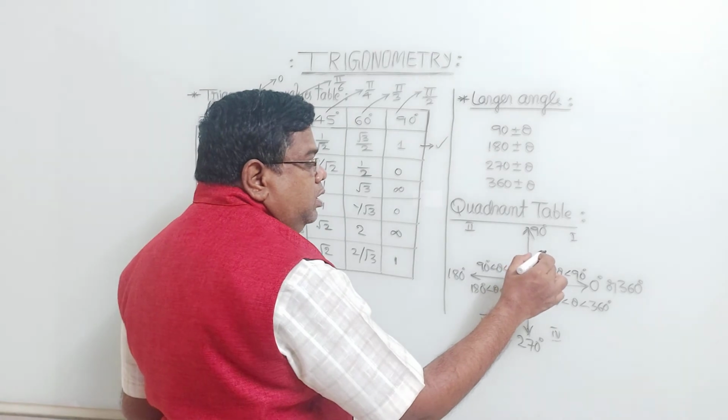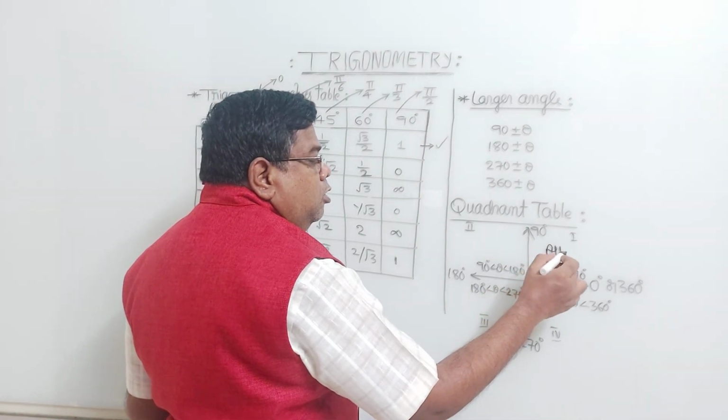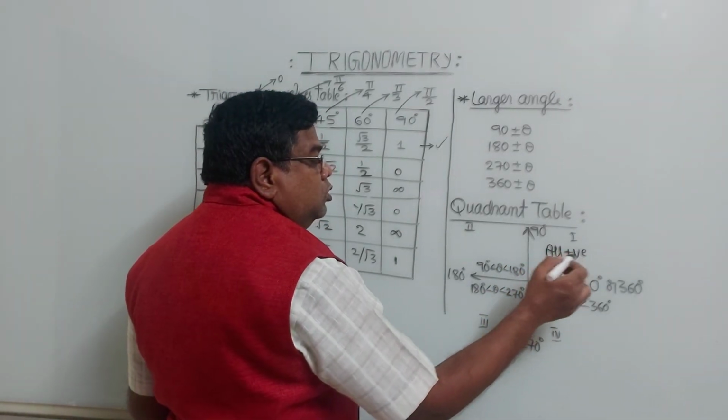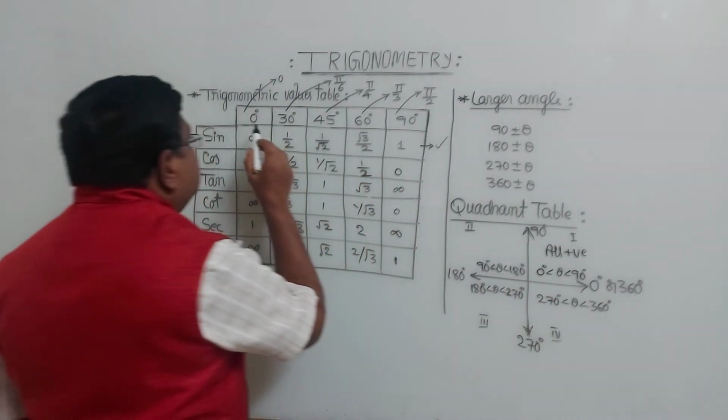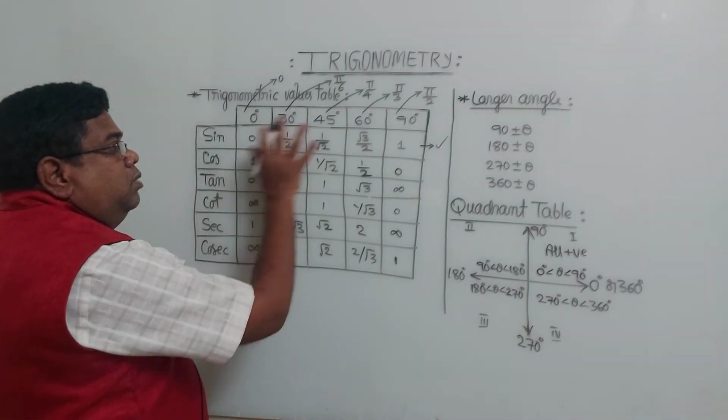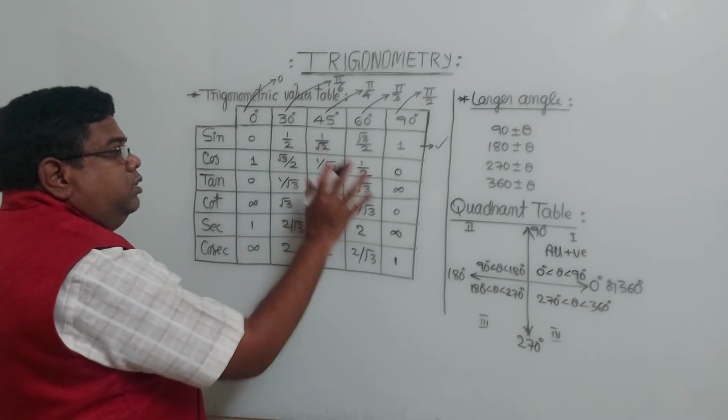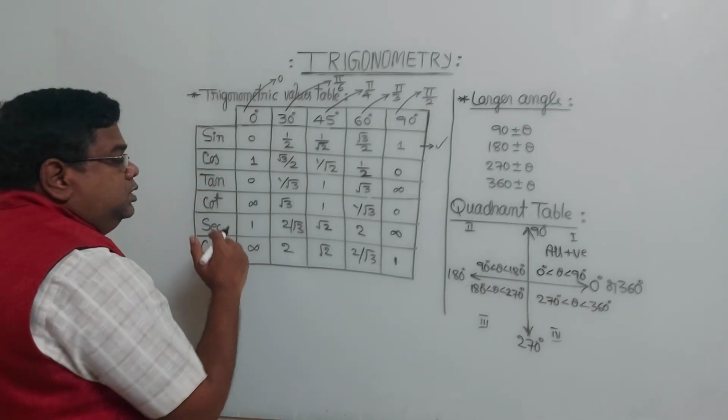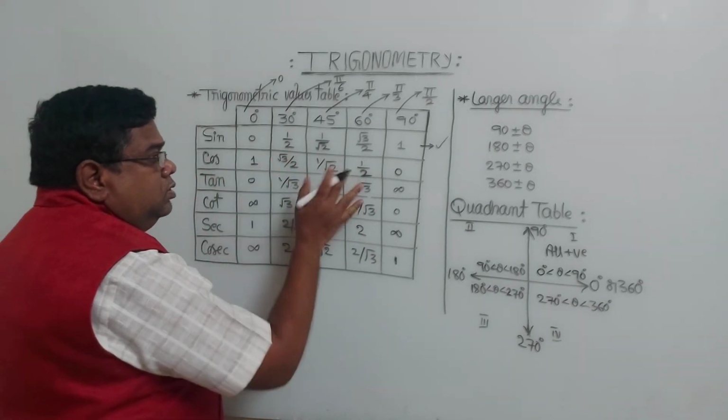In the quadrant table, in the first quadrant, from 0 to 90 degrees, all trigonometric values are positive. There is no negative value: sine, cos, tan, cot, secant and cosecant, all 6 are positive.